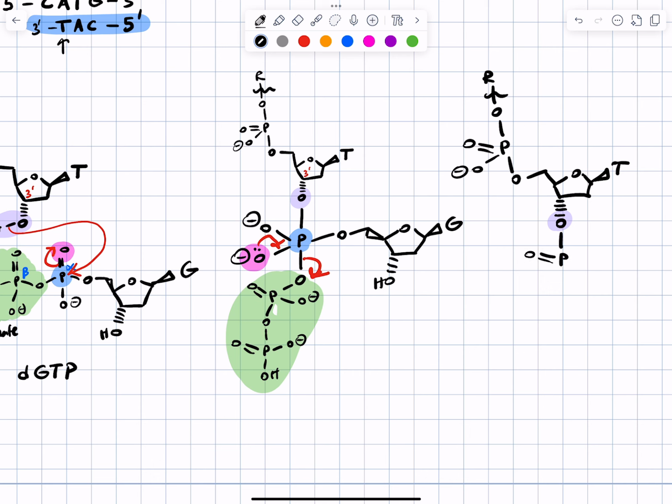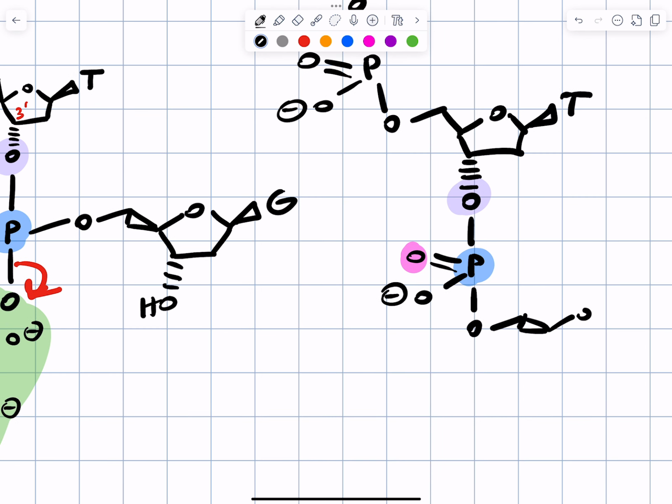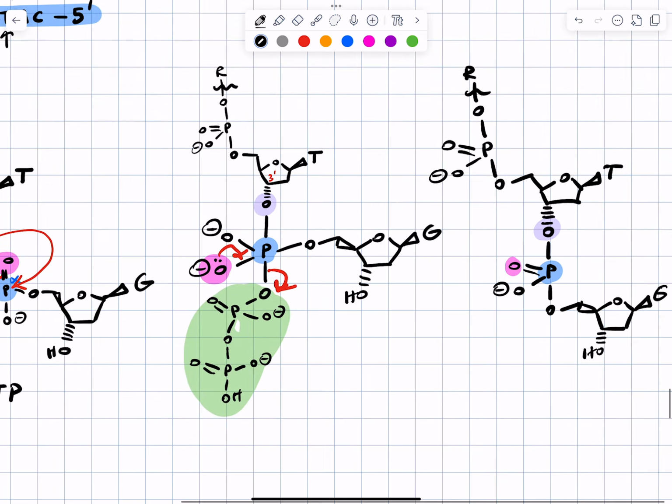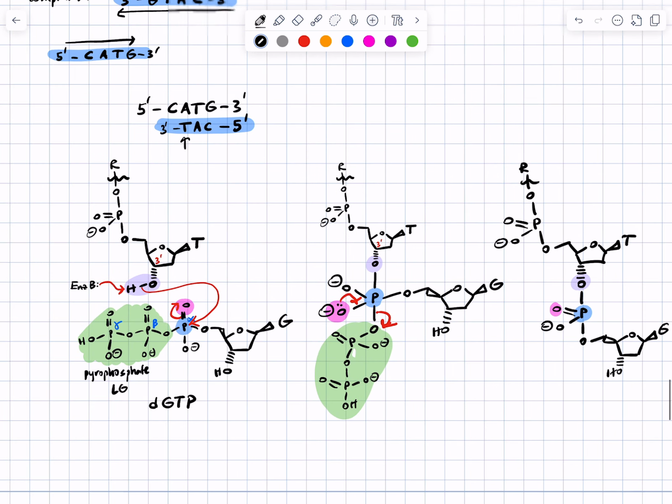Here's the phosphoryl group that got attacked and then kicked off pyrophosphate as a leaving group. And then here's the next ribose ring, running out of space a little bit, with a new 3' hydroxyl that's now ready to be a nucleophile in the next reaction.